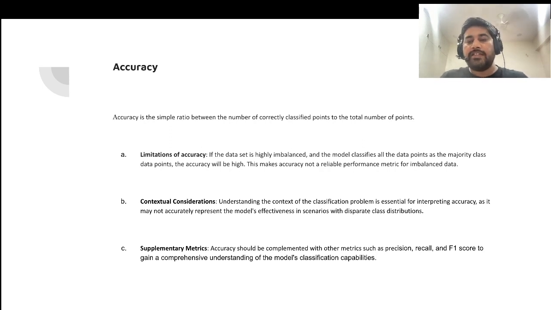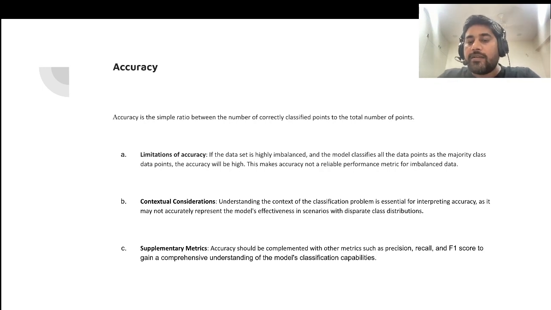This is called imbalanced data. Suppose 95% of the values are non-defaulted and only 5% are defaulted. In that scenario, the model will try to predict that the customer is non-defaulted. So our model is biased, and it will always try to predict non-defaulted.